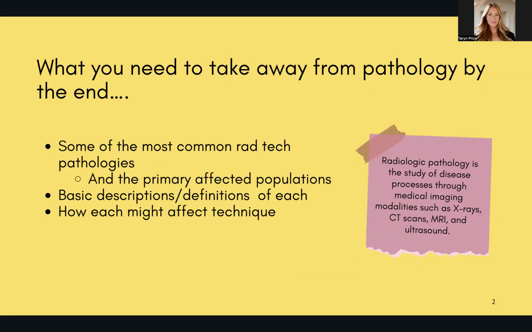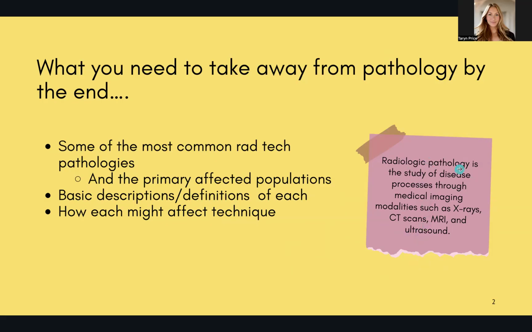For the most part, this just means whether they're mostly a pediatric disease or if it's in the entire population, if it's adult only, maybe it primarily affects the elderly community, things like that. And also the basic descriptions and definitions of these. And finally, how each might be or affect the technique that you choose ultimately.